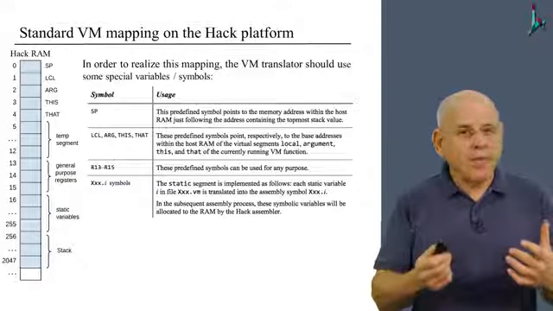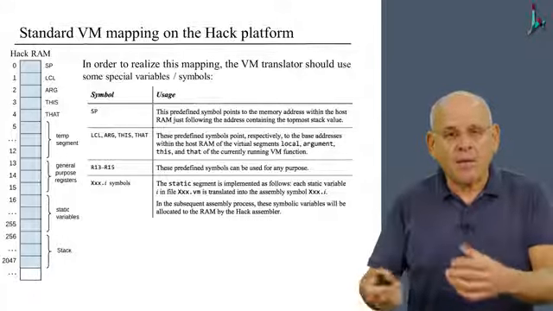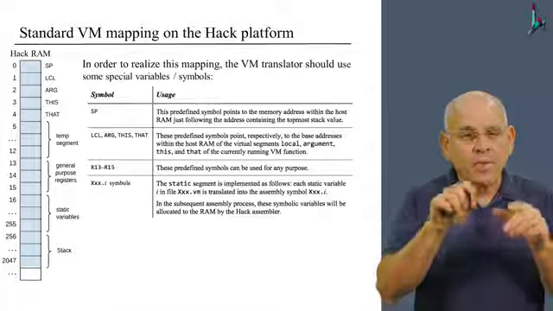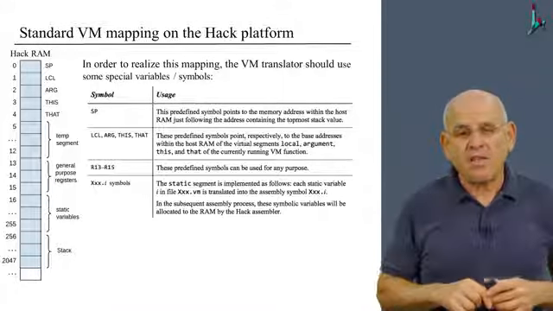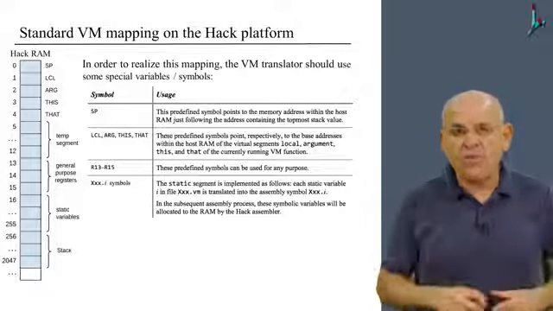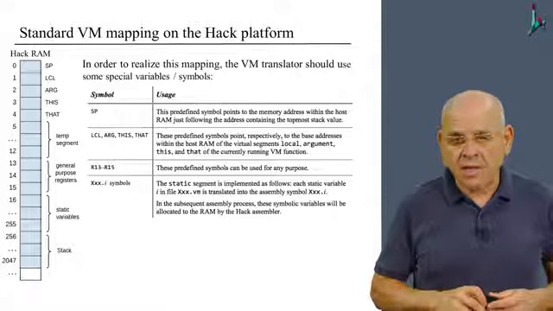So when you write your VM translator to generate assembly code, your code is going to use these symbols. You have to be responsible for writing code that generates these labels and uses them judiciously in order to realize the mapping that we just described.